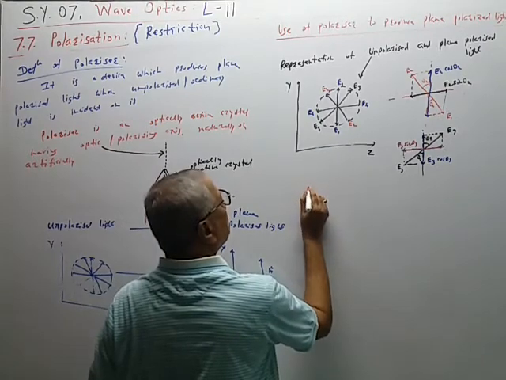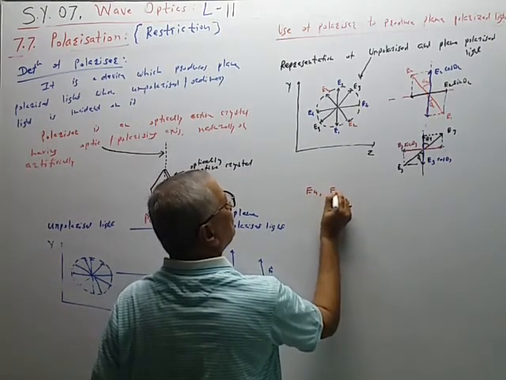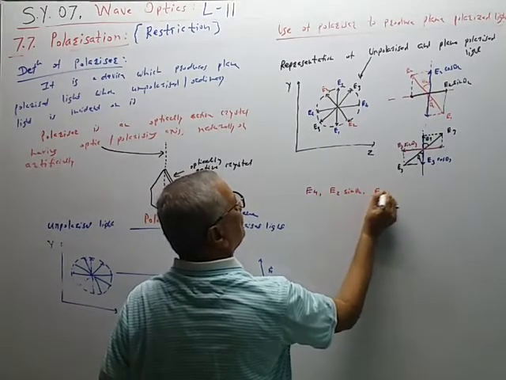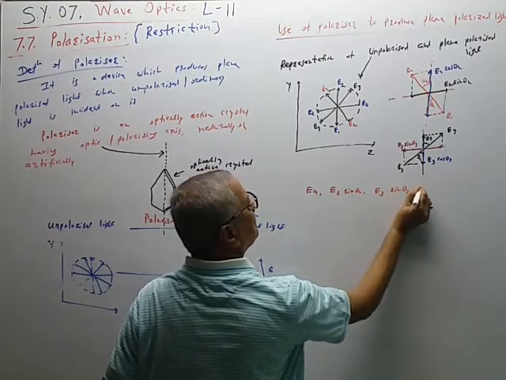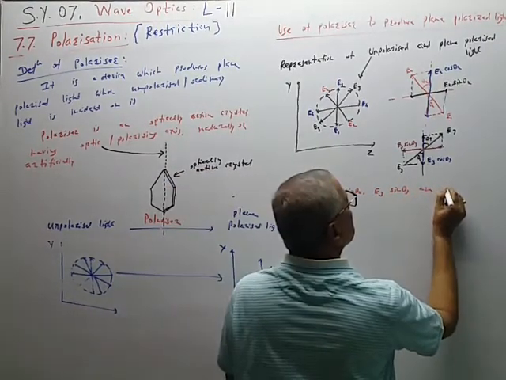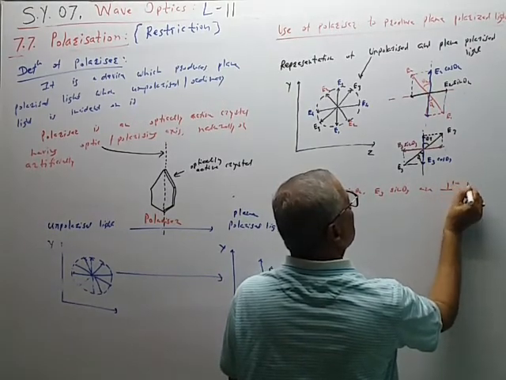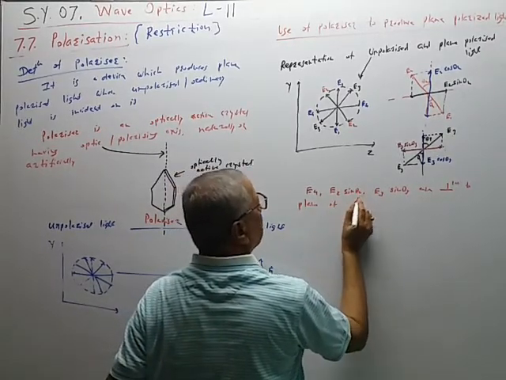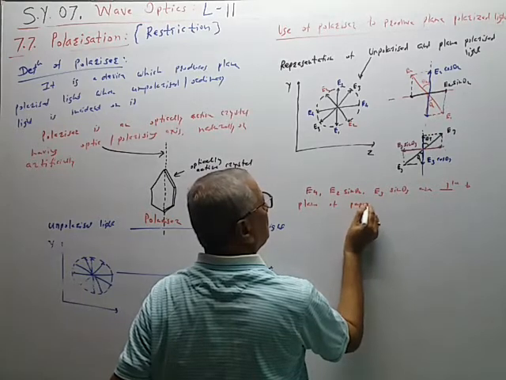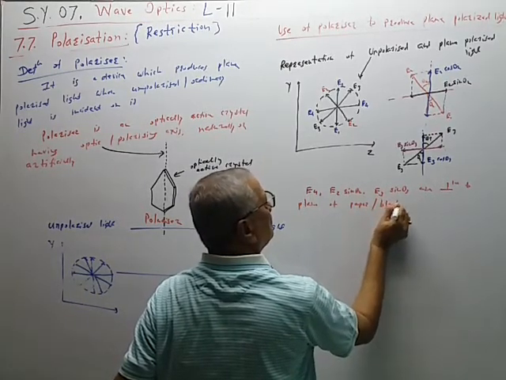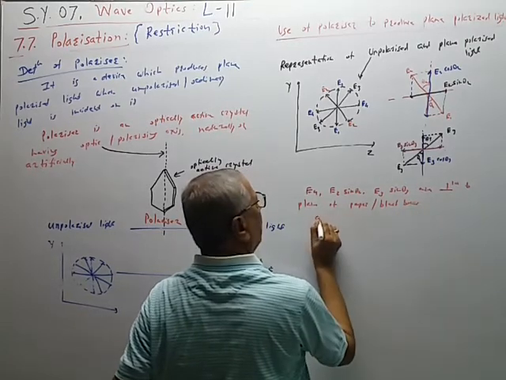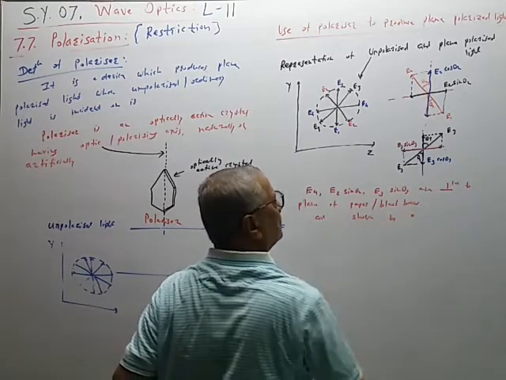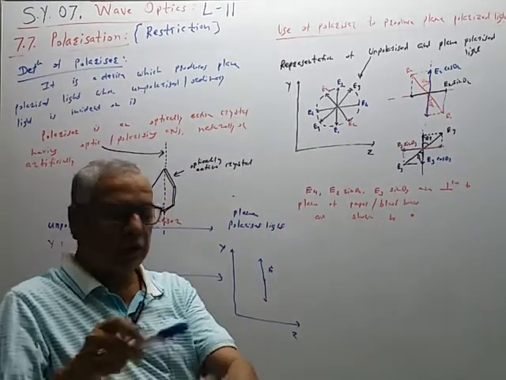So E4, E2 sin theta 2, and E3 sin theta 3 are perpendicular to the plane of the paper, the plane of the blackboard, and shown by a dot.